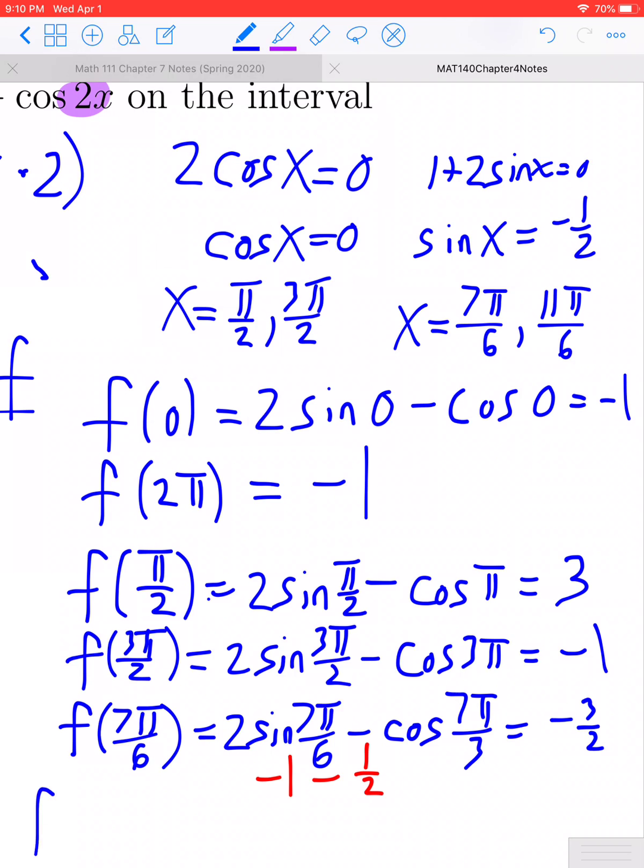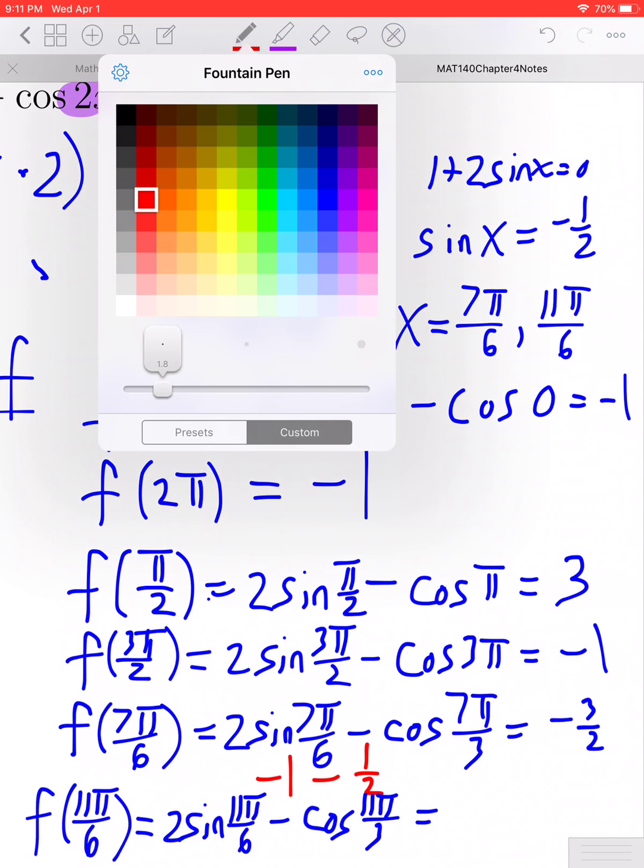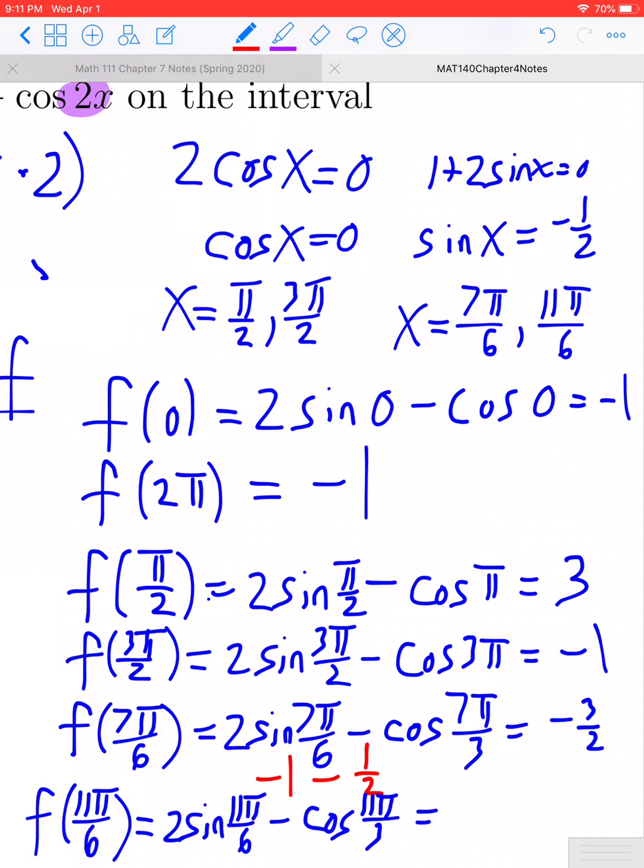And then lastly, if we look at f of 11 pi over 6, this is going to be 2 times the sine of 11 pi over 6 minus the cosine of 11 pi over 6 times 2, which is going to give us 11 pi over 3. Let's work that out. The sine of 11 pi over 6 is negative a half. 2 times negative a half is negative 1.